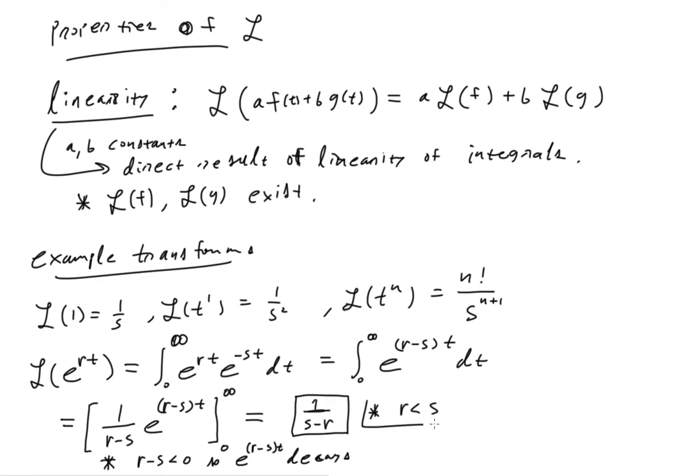So here's an example of a Laplace transform where the s domain is going to be a little bit more interesting. All right, let's go to the next slide here.